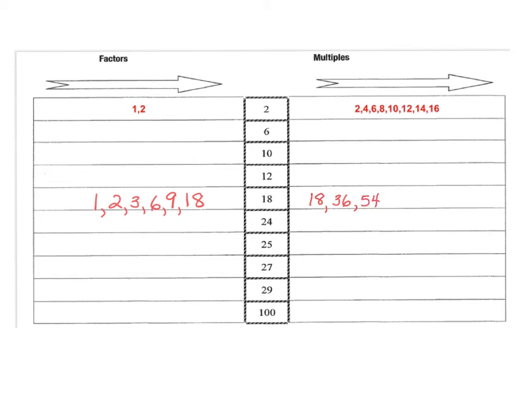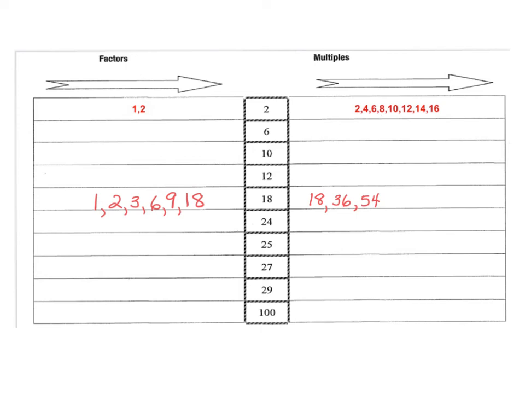Now, do we expect you to have these memorized? Absolutely not. But you do need to come up with them correctly. So you might want to do the multiplication on a scrap piece of paper and then list them in your chart. So let's do the next few multiples of 18.